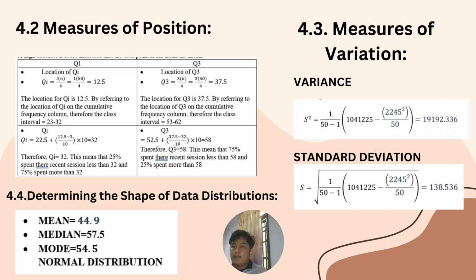Now for 4.4, that is to determine the shape of data distribution, in which the mean is 44.9, the median is 57.5, and the mode is 54.4. It means that it is a normal distribution of the data.